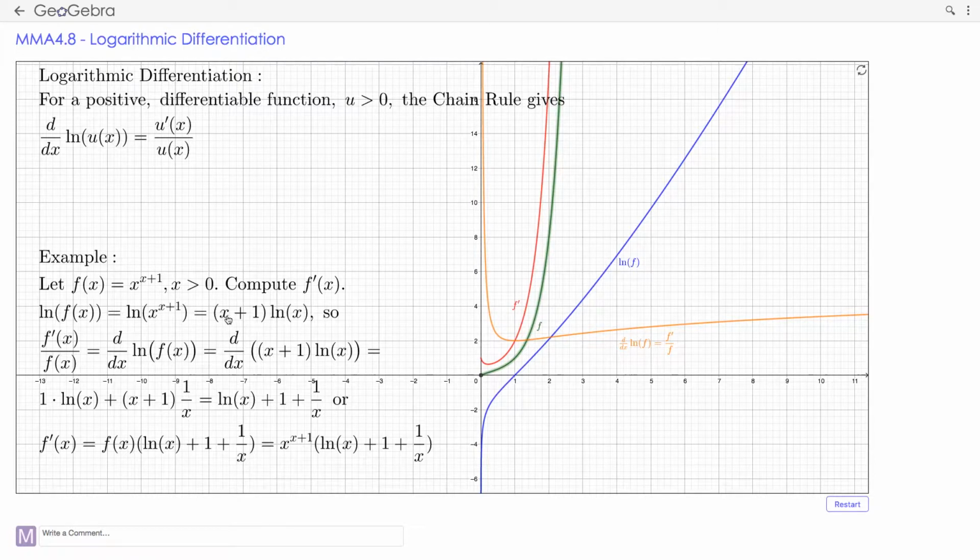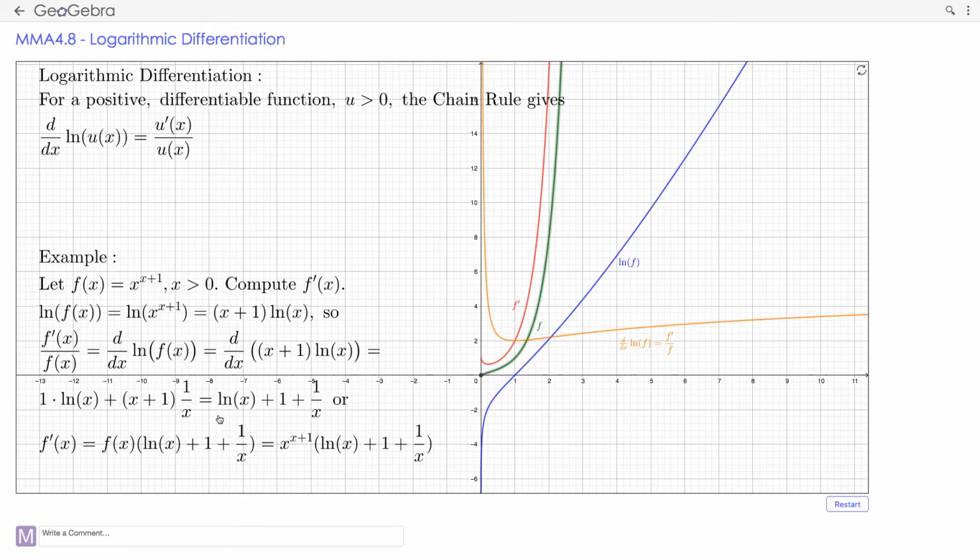So the derivative of x plus 1 is 1 plus 0, or just 1, times the logarithm. We keep that here. Then we have x plus 1, times the derivative of the logarithm, which is just 1 over x. If we simplify things a bit, x times 1 over x is just 1, and 1 times 1 over x is just 1 over x.